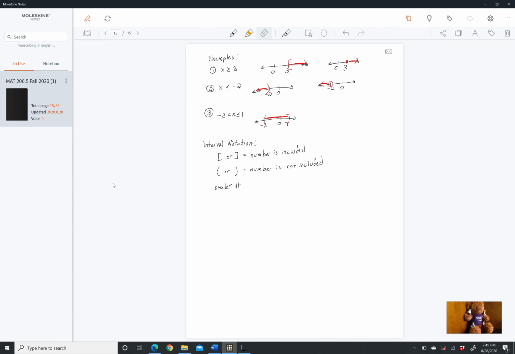So it's always the smaller number, comma, the larger number. Okay. And then infinity or negative infinity always get a bracket. Sorry, a parentheses.